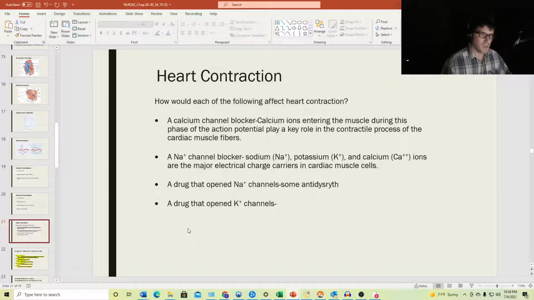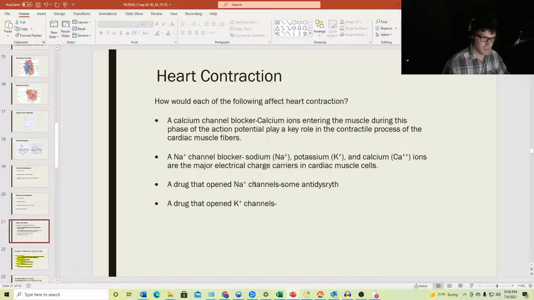How would each of the following affect heart contraction? Calcium channel blocker: calcium ions enter the muscle during this phase of the action potential and play a key role in the contractile process of cardiac muscle fibers. Sodium channel blocker: potassium and calcium ions are major electrical charge carriers in cardiac muscle cells.